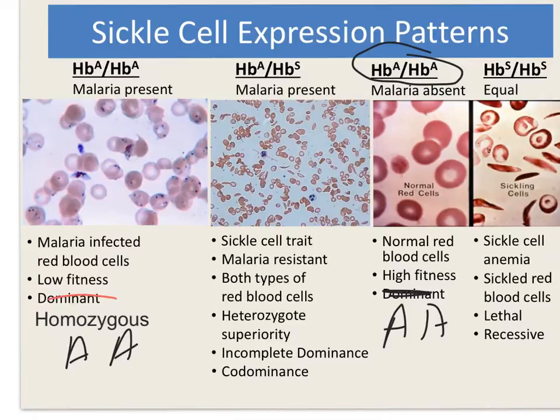Now, in the middle here, we've got HBA, HBS, that's the heterozygote. Well, in the past, we would say that it was dominant, and that means you ended up with mostly normal red blood cells, but that's not really the case.